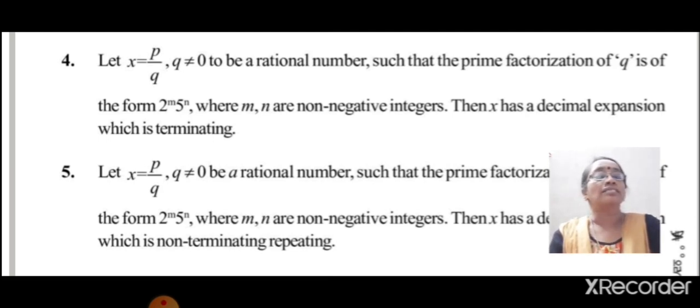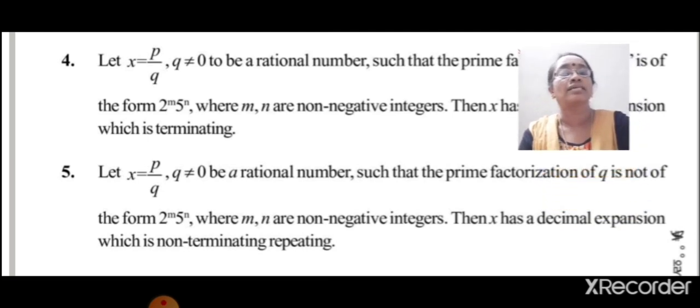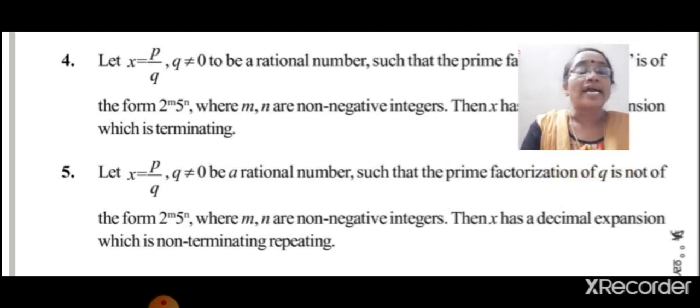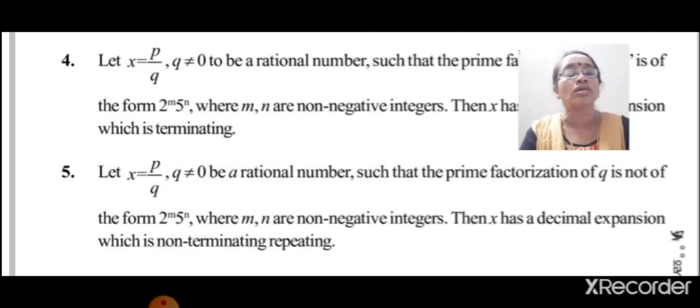Now the last theorem of this chapter, theorem number 1.7, is like this. Let x equal to p by q, where q is not equal to 0, be a rational number such that the prime factorization of q is not of the form 2 raised to m, 5 raised to n, where m and n are non-negative integers. Then x has a decimal expansion which is non-terminating, repeating.